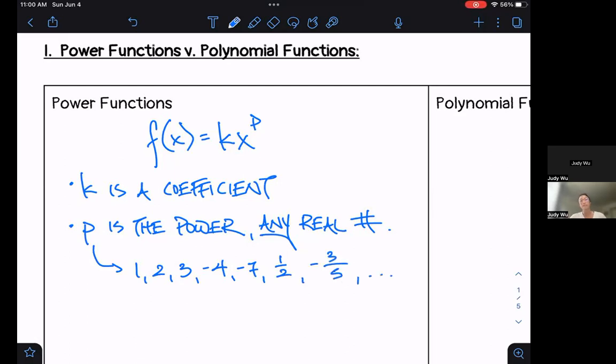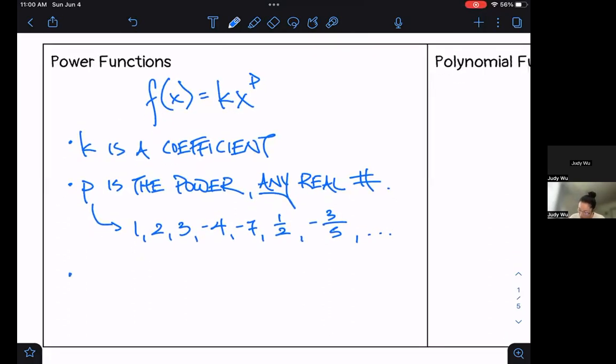All of these are real numbers, so they could all be powers in our power function, okay? But one key thing to note here is that we only have one term in a power function. Okay, so there's only one term in our power function. One term allowed.